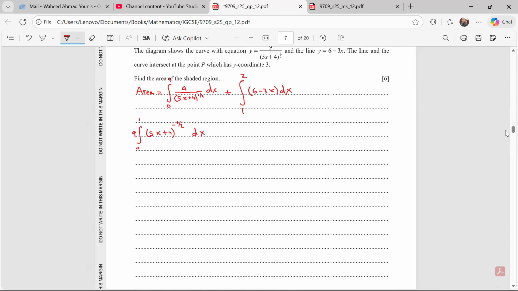The derivative of the inside term is 5, so I will put 5 here and divide by 5 over here. So this will become 9 over 5, and for some function to the power n with its derivative, I will do (5x plus 4) to the power n plus 1, which is 1 by 2, divided by 1 by 2, with limits from 0 to 1.